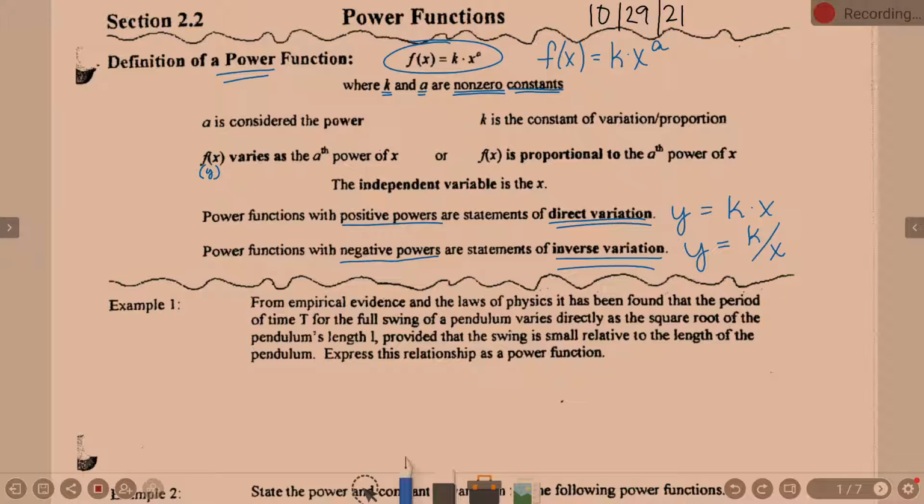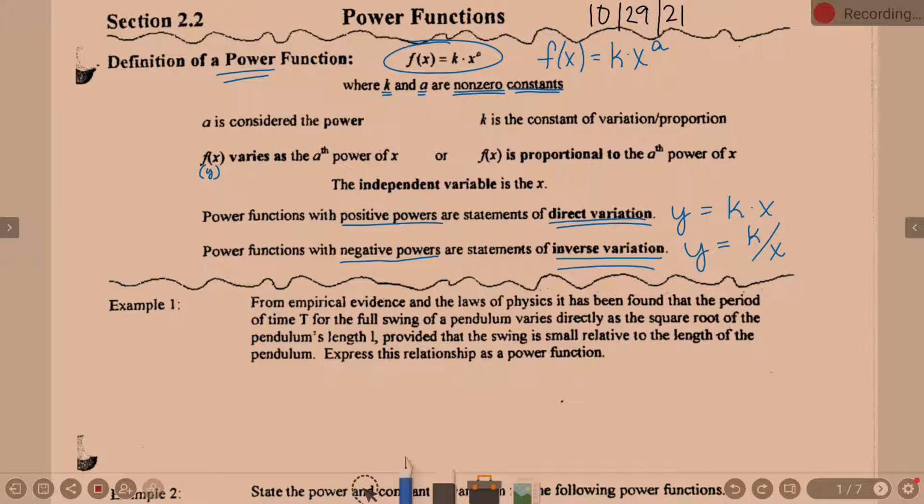So, a couple of small things we're doing. Example 1, we're going to write an equation. Okay? So, from empirical evidence and the laws of physics, it has been found that the period of time t for the full swing of a pendulum varies directly as the square root of the pendulum's length L, provided that the swing is small relative to the length of the pendulum.